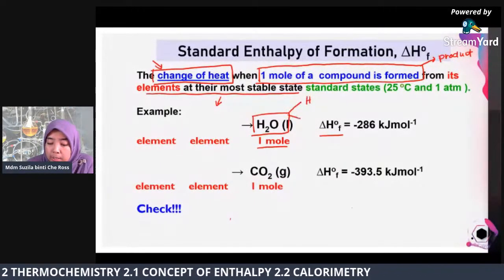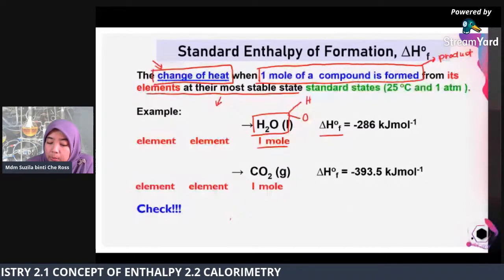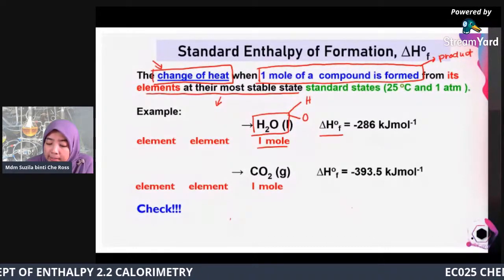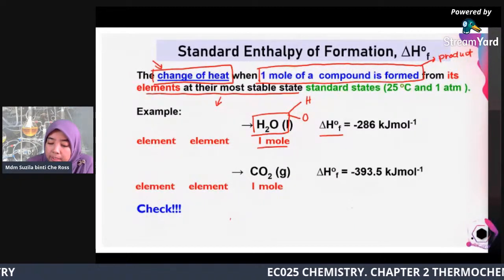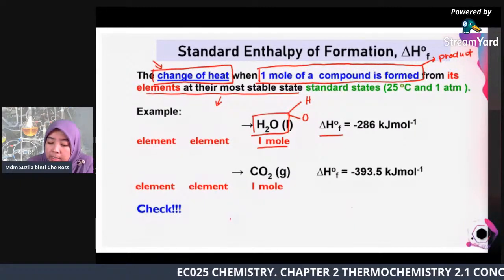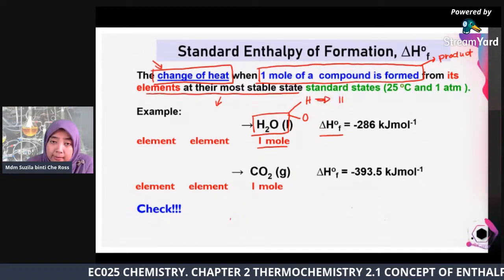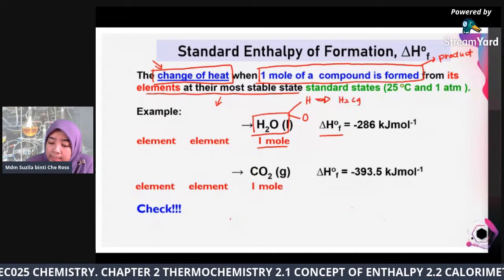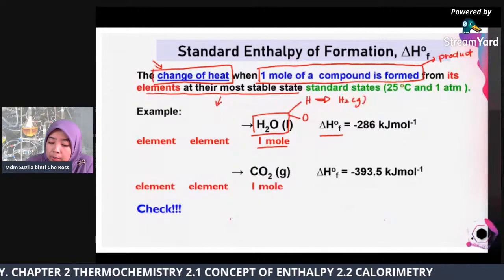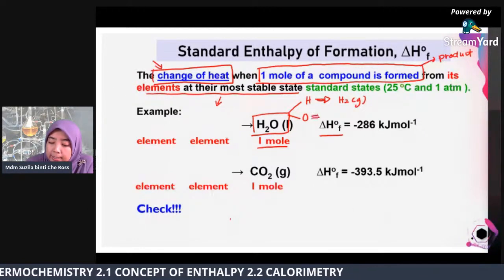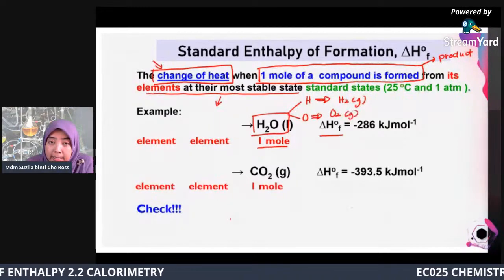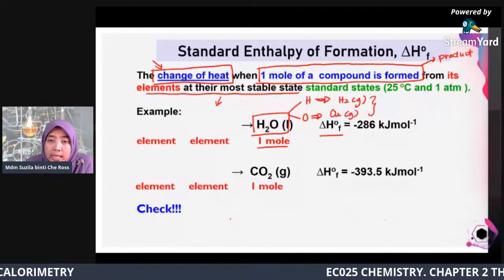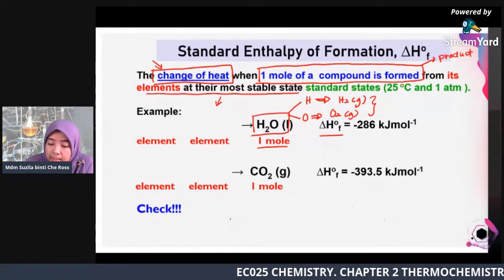So from this, we need to identify stable state for each atom. So hydrogen, stable state for hydrogen is in dui molecule, H2, and the phase is gas. Okay, oxygen also dui molecule and the phase is gas. So that one is the element at their most stable state.